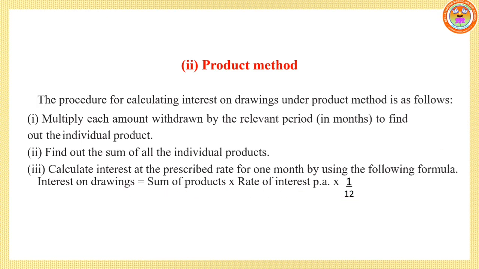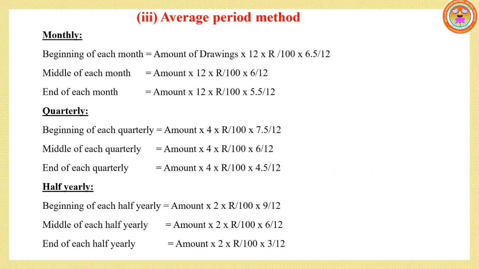And then the third one, average period method. Under this method, three types are there. For example, a partner withdraws monthly. Under monthly also, beginning of each month, middle of each month and end of each month.